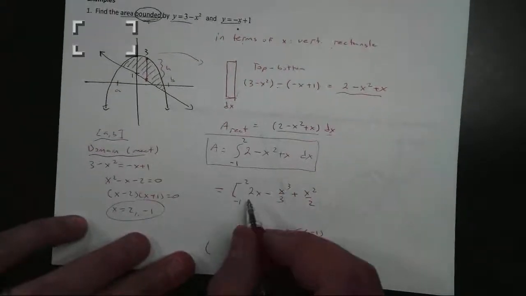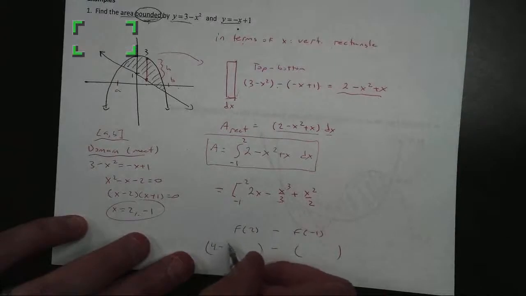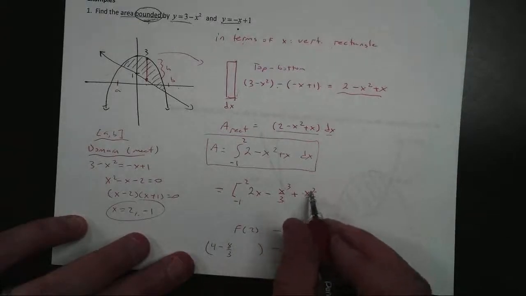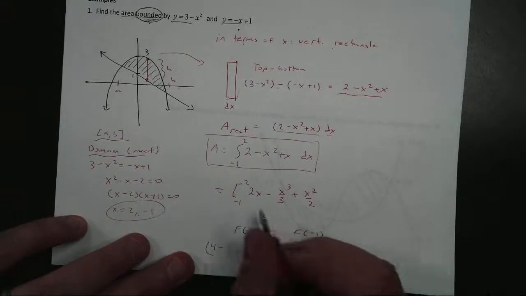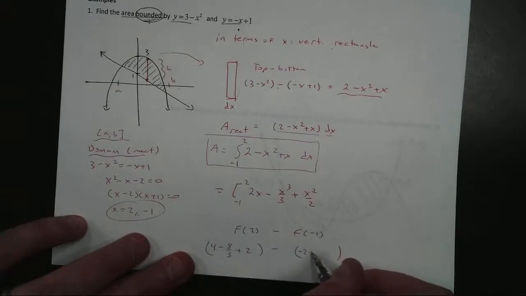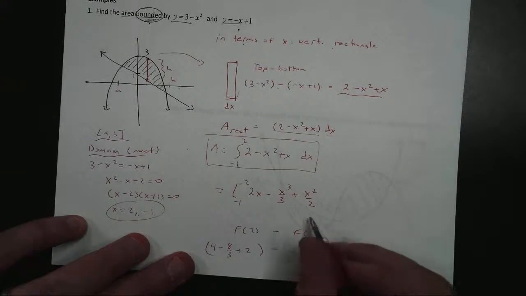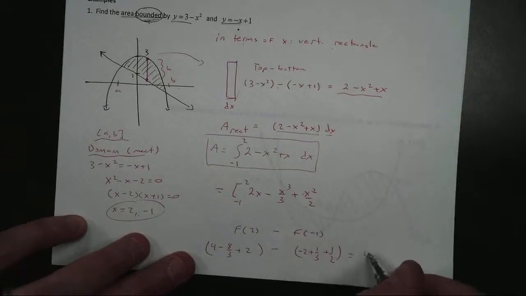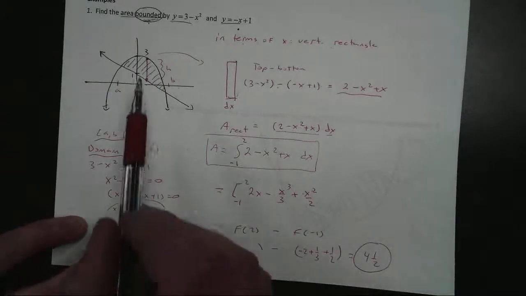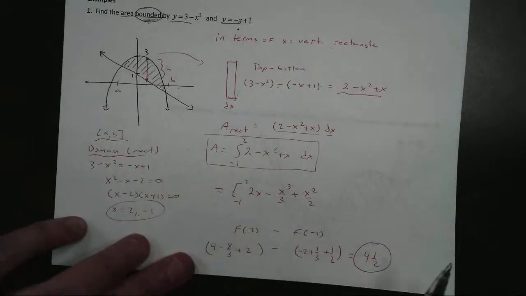I just plug those numbers in. I get 4 minus 8 thirds plus 4 over 2, so plus 2, minus, plug in negative 1, minus 2, plus 1/3, and this becomes a positive 1/2. And if you simplify this, you get 4.5. So the exact area underneath this curve is 4.5 units.